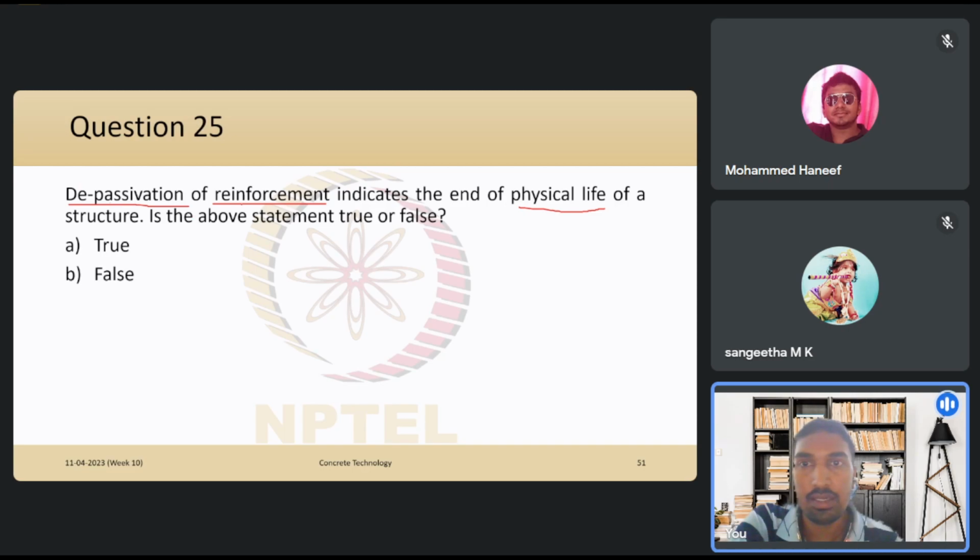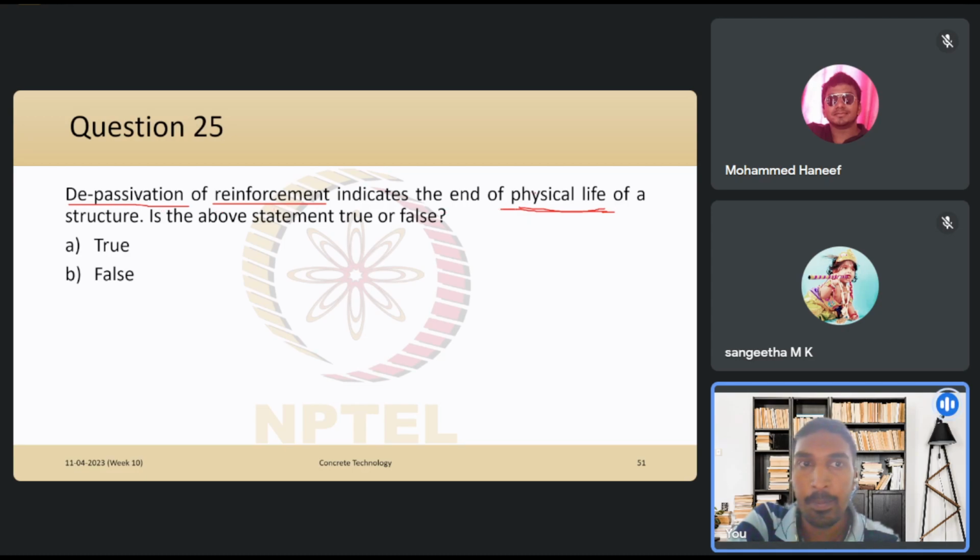And once that has occurred, you will have corrosion occurring. The other one is the end of physical life. It is when the structure is no longer able to serve its purpose, right? When that is the case, we say that its physical life or its service life has ended, right? So those are the two things.